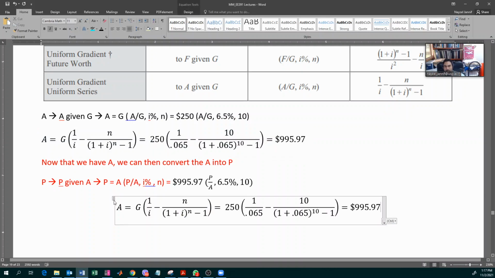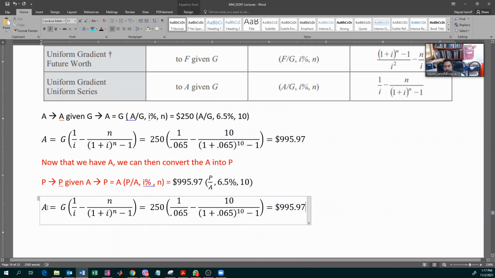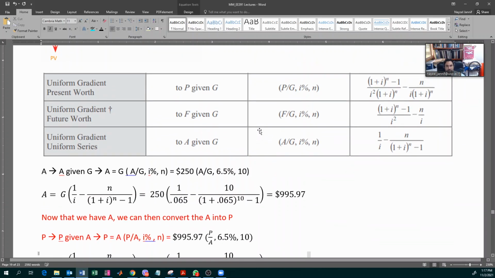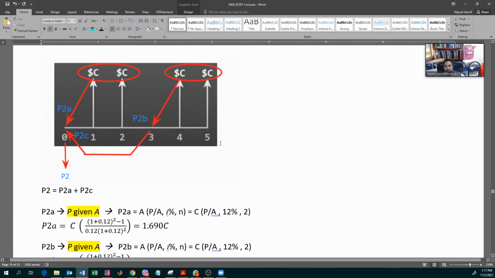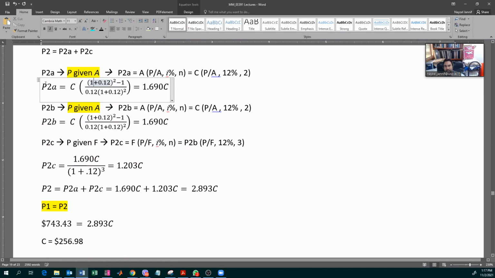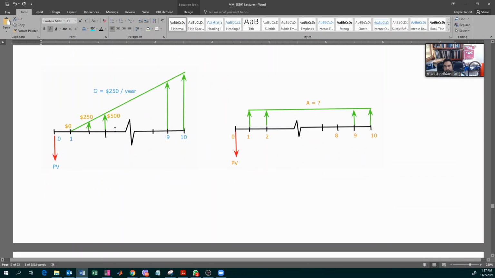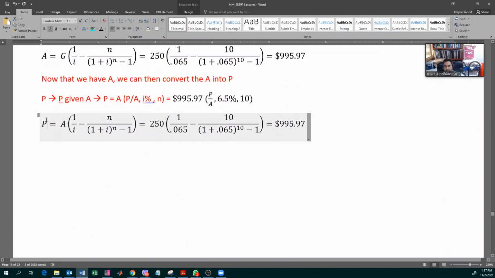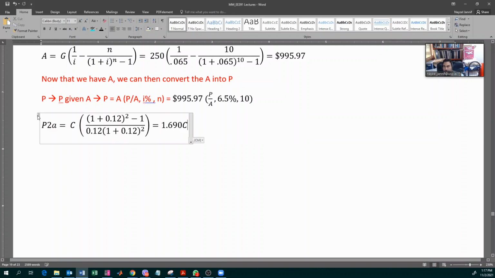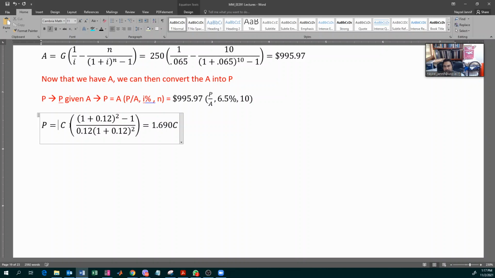So our P, we have our A, and what formula do we use? P given A. That goes somewhere back over here. Sorry, I used the wrong formula here. P given A, and we have an A. What is our A in this case?